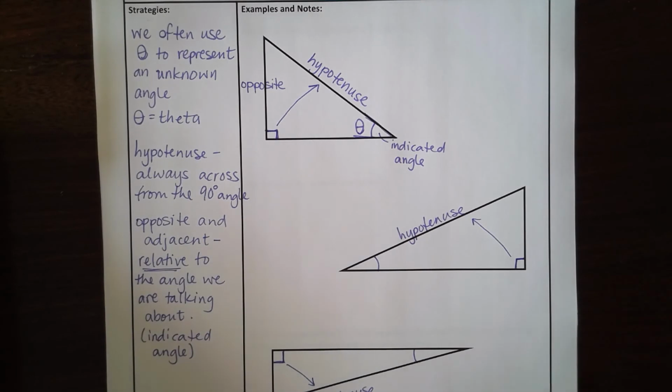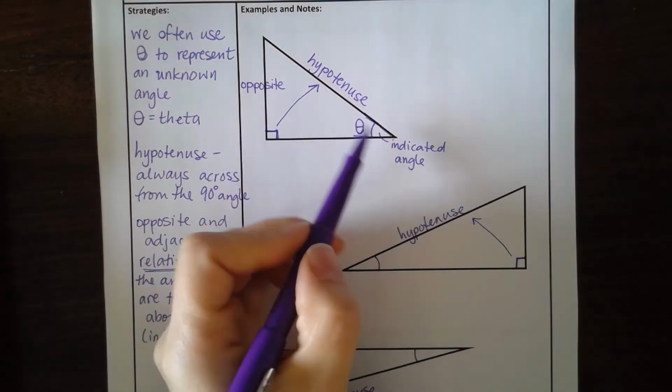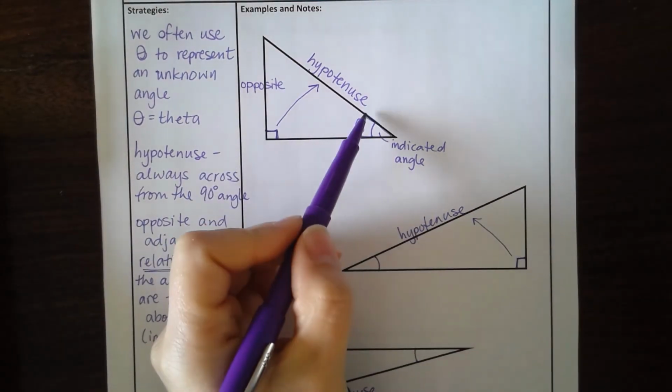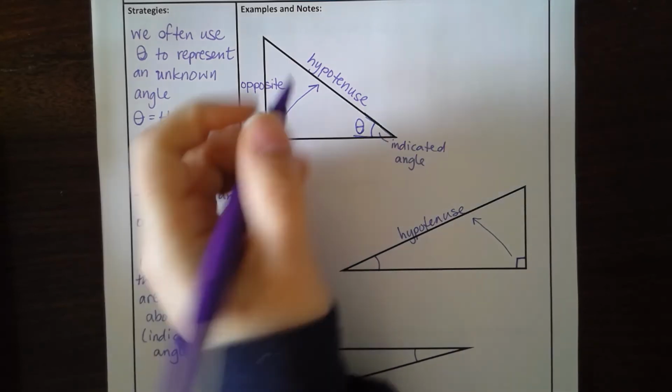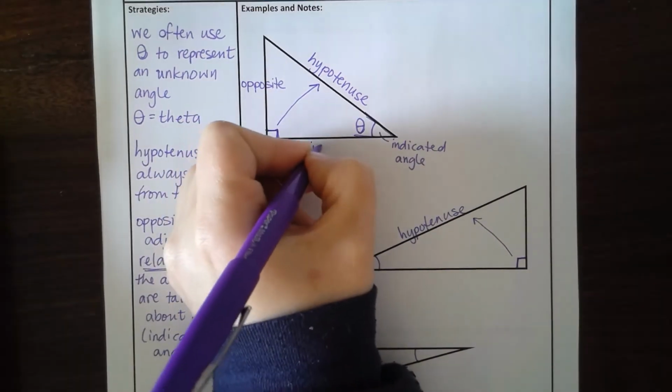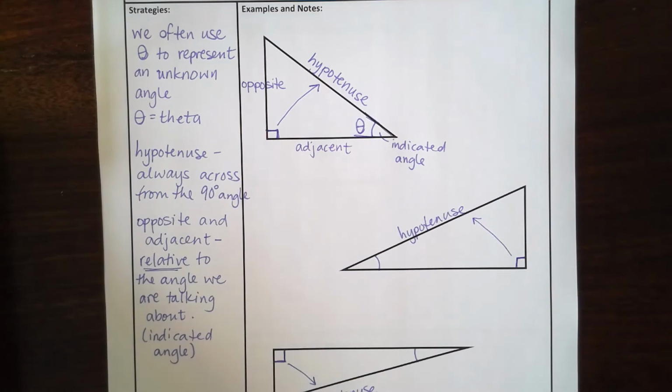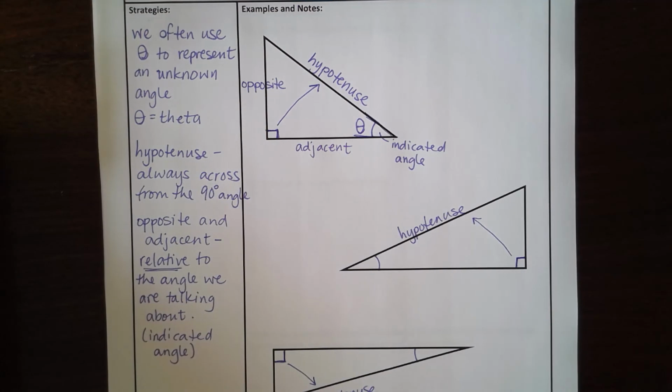Now, the other side, our final side, that helps make up theta but isn't the hypotenuse, is called the adjacent. Okay, and you might be familiar with the word adjacent in English. We say adjacent is kind of next to, right? That means next to.